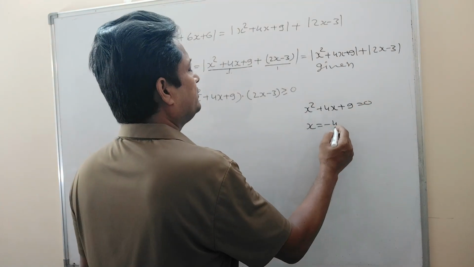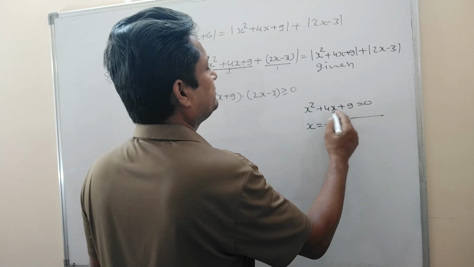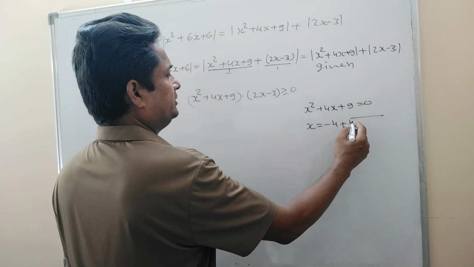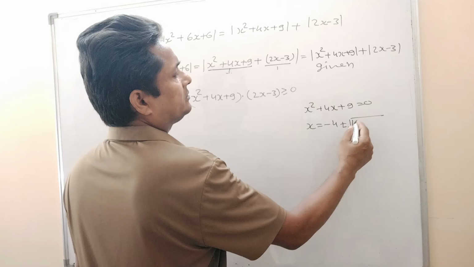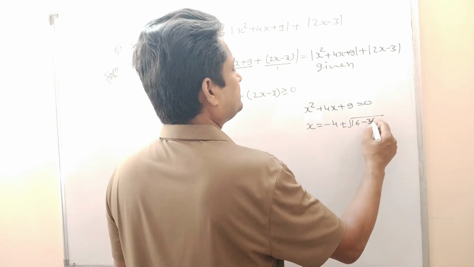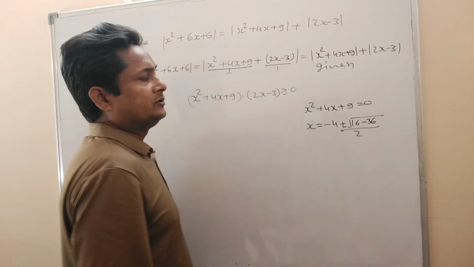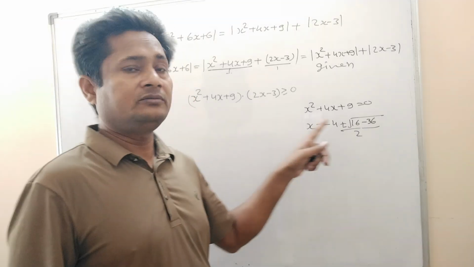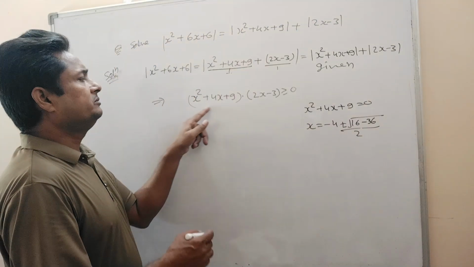So x will be what? Minus 4 plus minus square root of b square, 16 minus 4 into 9, divided by 2. Right. So this is giving what? An imaginary number.